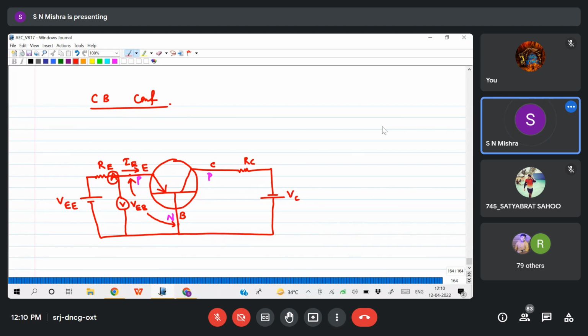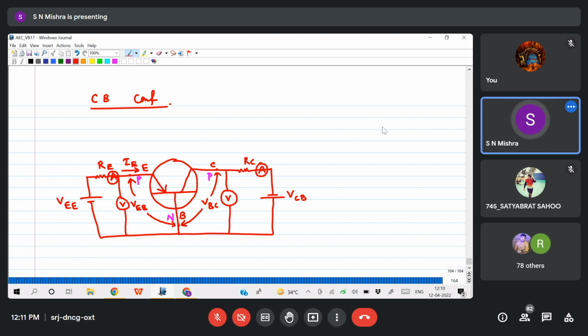Name it as VCB or VBC, depending upon the voltage. Now I will connect one voltmeter to measure the voltage between base and collector, and to measure the current we have to connect one ammeter.